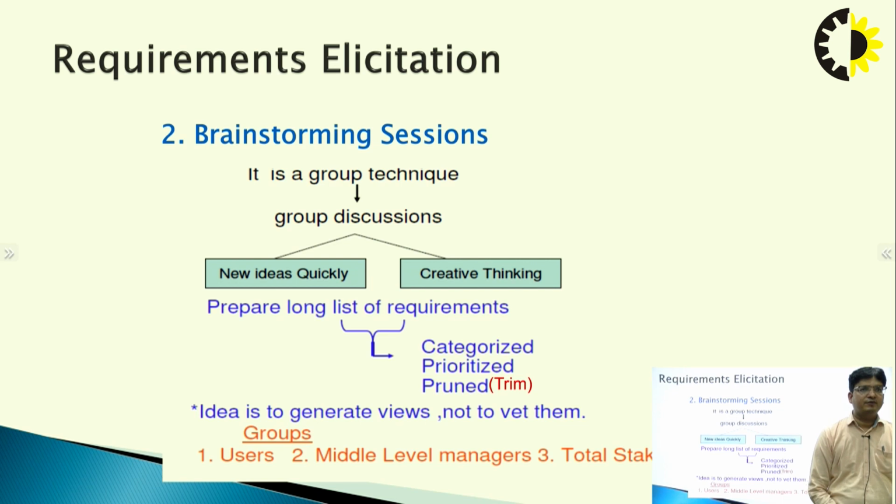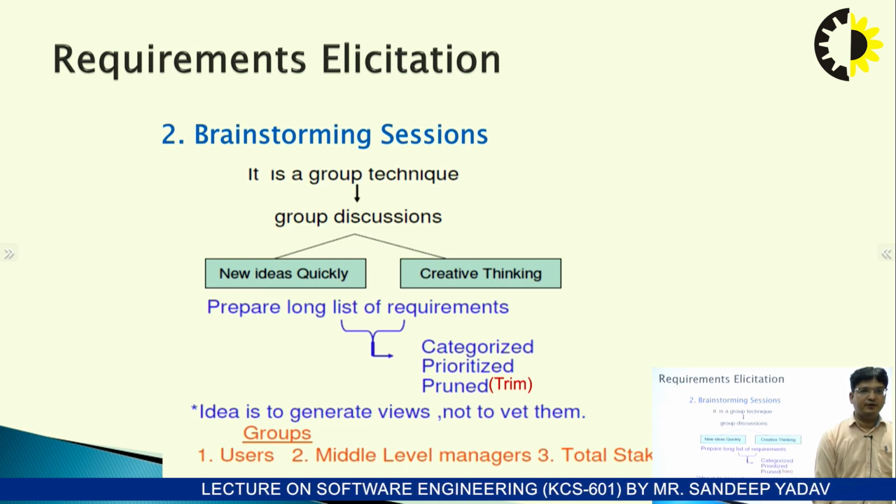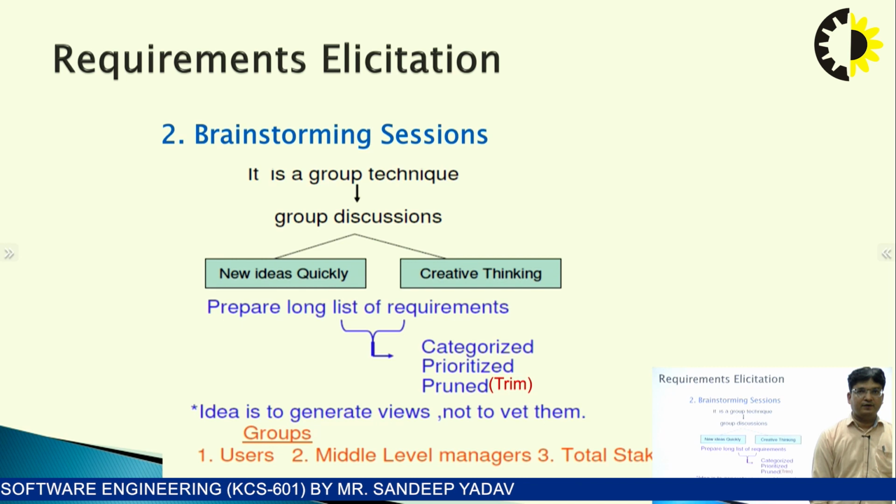The second type is the brainstorming session, which is a group technique whereby we have a lot of people to generate new ideas. It promotes innovation and critical thinking. After a discussion, a long list of requirements is prepared, then they are categorized, then they are prioritized: which one is more essential, which one is less essential, and which one is not at all required, that is pruned or trimmed down.